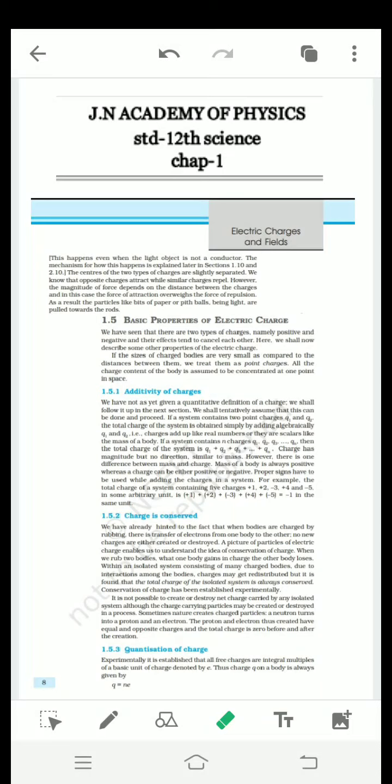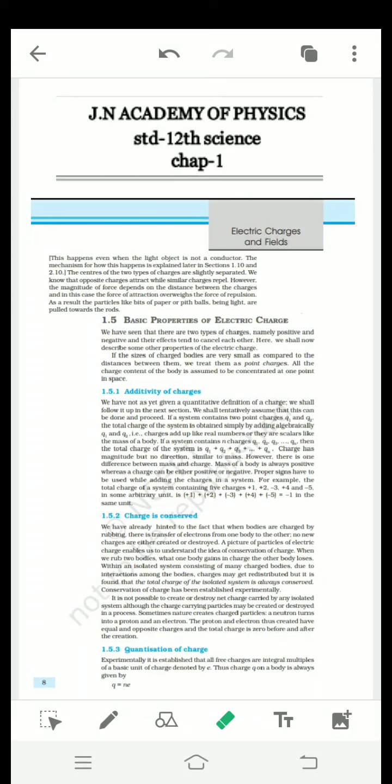So within an isolated system consisting of many charged bodies, due to interaction among the bodies, charges may get redistributed, but it is found that the total charge of the isolated system is always conserved. So conservation of charge has been established experimentally.